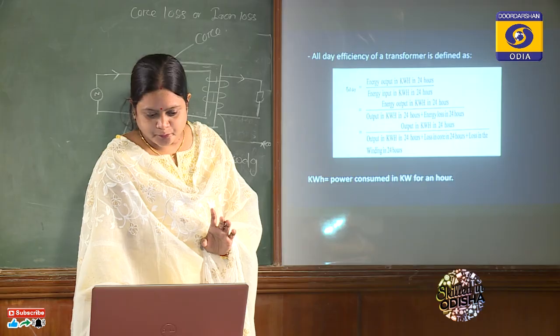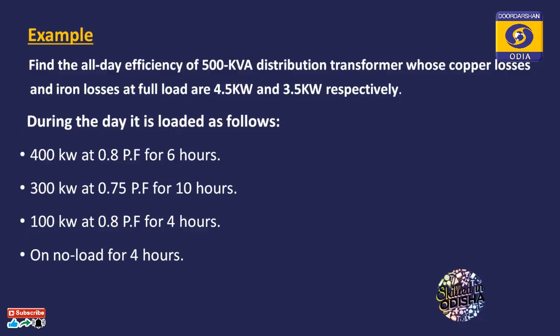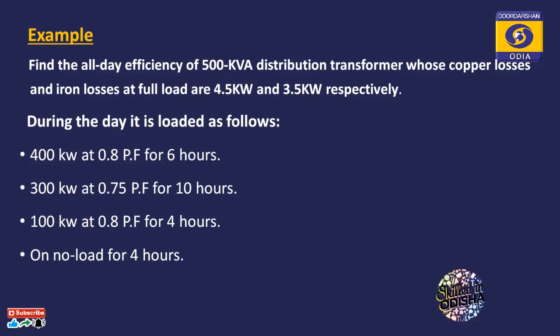Next, see, that is an example for finding all day efficiency of a transformer. The question is like this. Find all day efficiency of a 500 kVA distribution transformer whose copper loss and iron loss at full load are 4.5 kilowatt and 3.5 kilowatt respectively.